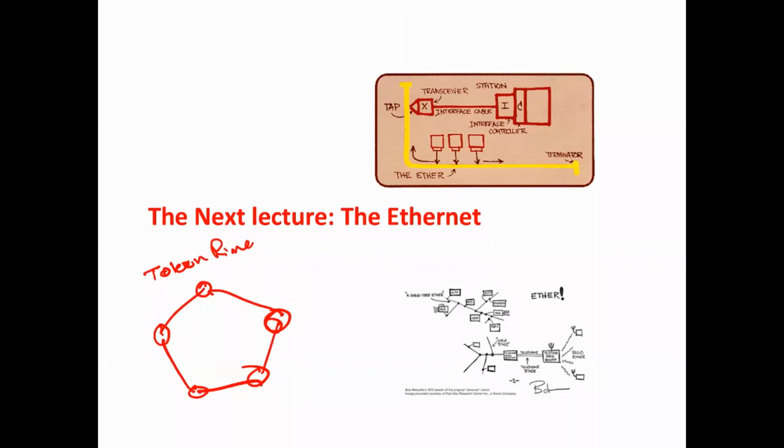Okay, so what is the simple way of connecting? The simplest way of connecting them is to connect them in the form of a ring. So if this guy, say A, has to send a message to D, okay, it will create a packet, right, with source address and destination address, and send.